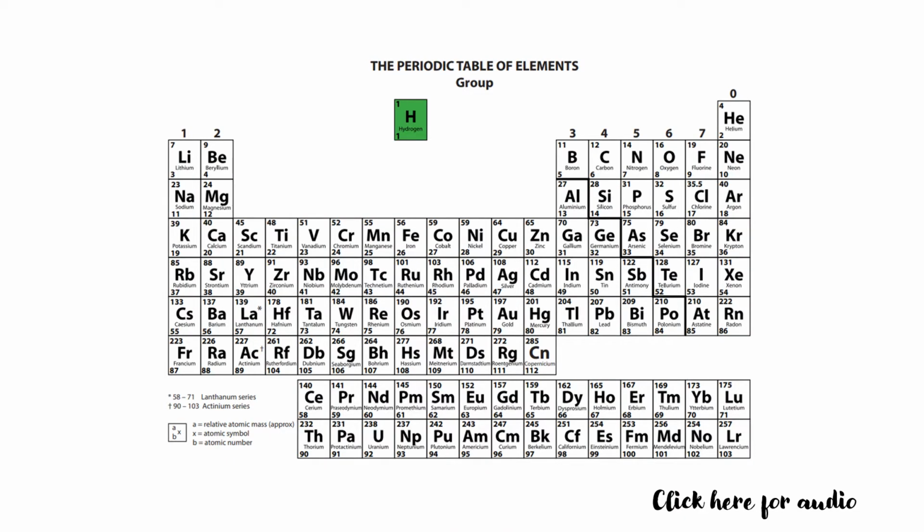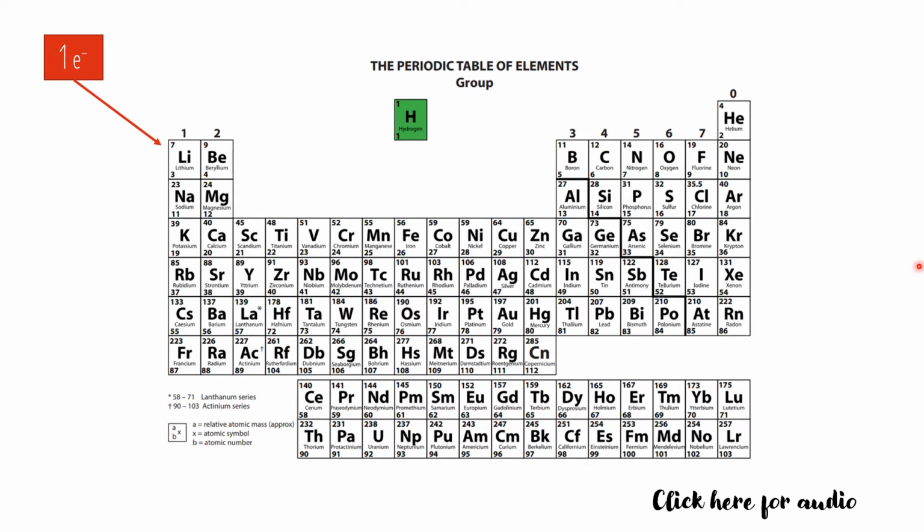Now, we already know that the group number in the periodic table relates to the number of outer electrons or valence electrons that an element will have. So we already know that if we look at any of these elements in group 1, then the number of outer electrons that any of these atoms should have should be 1.